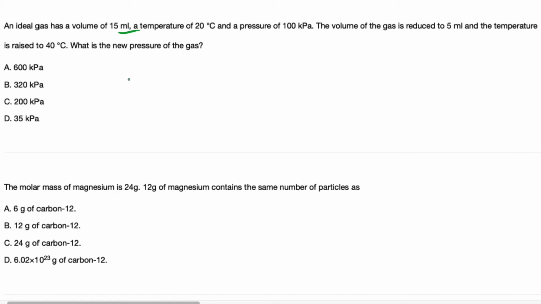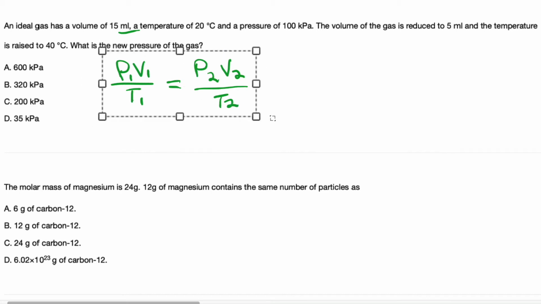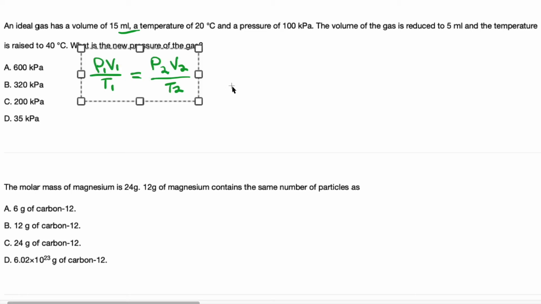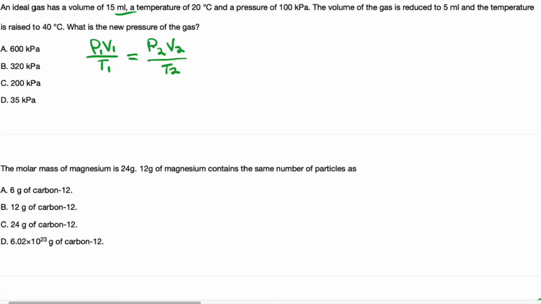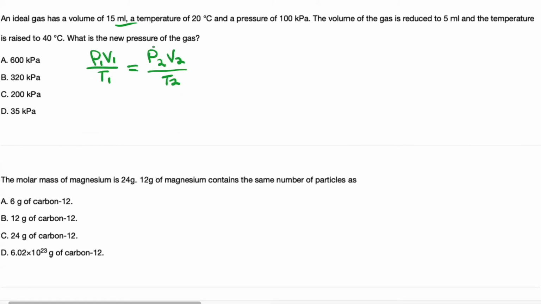So we know that pressure multiplied by volume divided by temperature is going to be equal to P2 V2 divided by T2, right? So this is one of the theories you will be learning in topic 3, right? And now we can just substitute numbers into this problem.